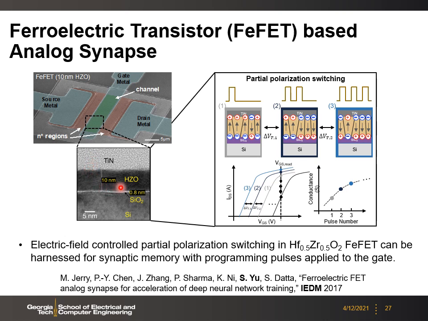Hafnium zirconium oxide is a well-known ferroelectric material which is CMOS compatible. We can use the pulse to the gate to partially polarize the HZO thin film. Then we can result in different threshold voltage in the transistor's transfer curve. Here you can see that at the fixed gate read voltage, we can have different conductance read out from the channel. Then we can use this conductance to represent the analog weight in the synaptic device.